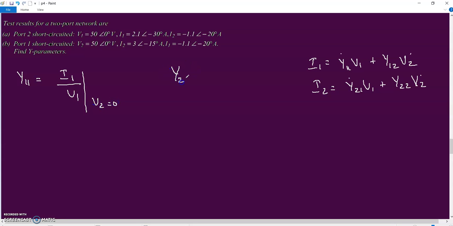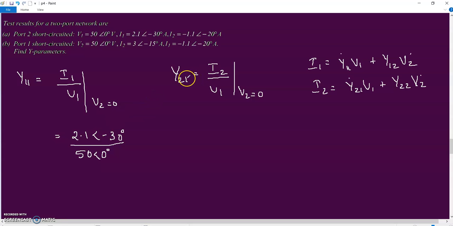And Y21 is equal to I2 by V1 at V2 equal to 0. So, here we have I1 and V1. So, put the values. I1 is 2.1 angle minus 30 degree divided by V1, which is 50 angle 0 degree.